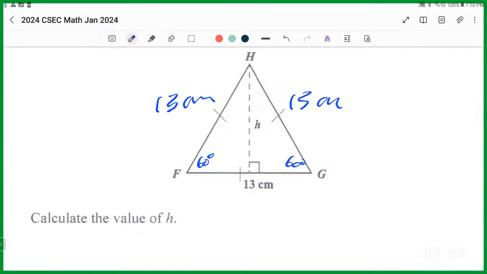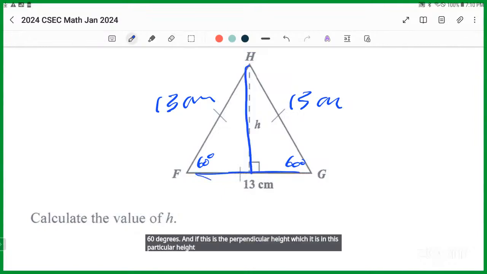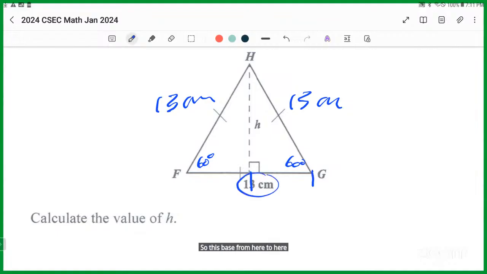If this is the perpendicular height, which it is, then it divides the base and also divides the angle at the top into 30 and 30. So this base from here to here is half of 13, so this is 13 over 2, and here is also 13 over 2.